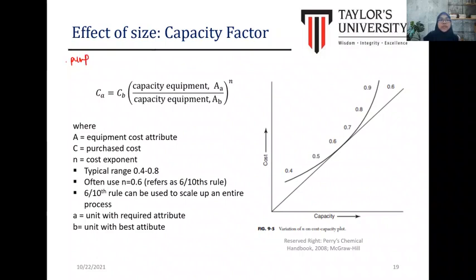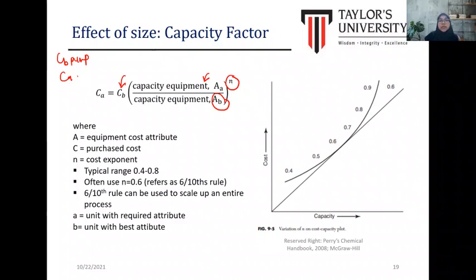So we have CB from the previous project and CA for the pump for the current project. The capacity of the equipment over the capacity of the equipment in the previous project, times the scaling factor.